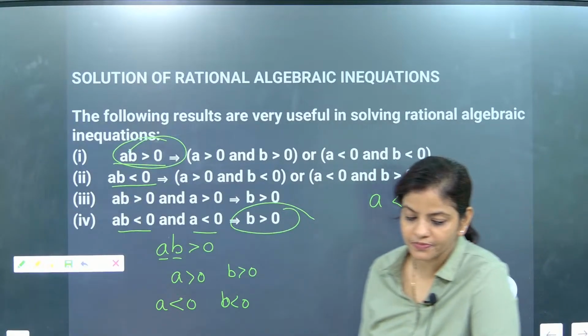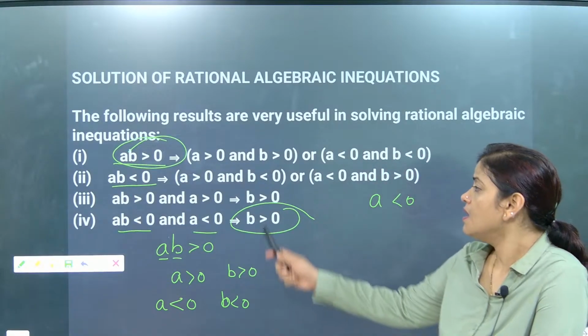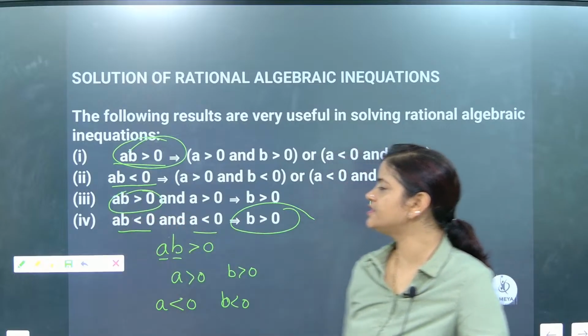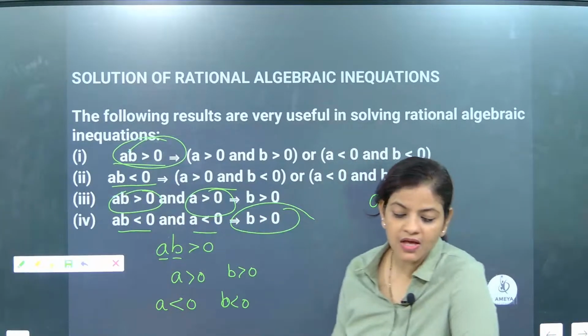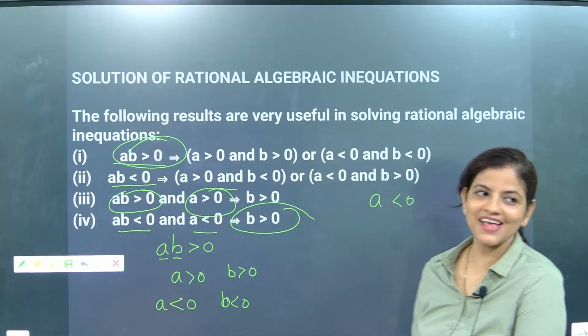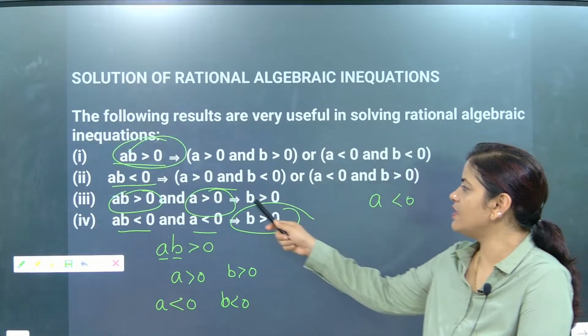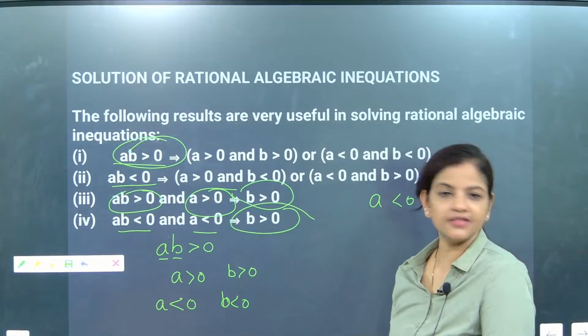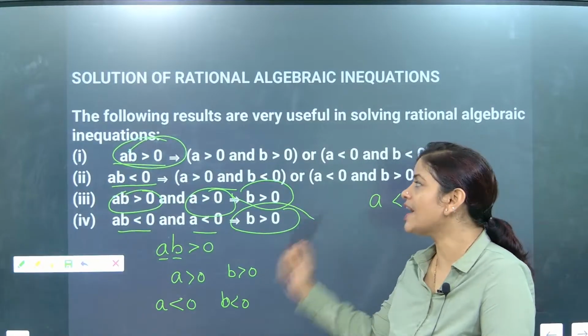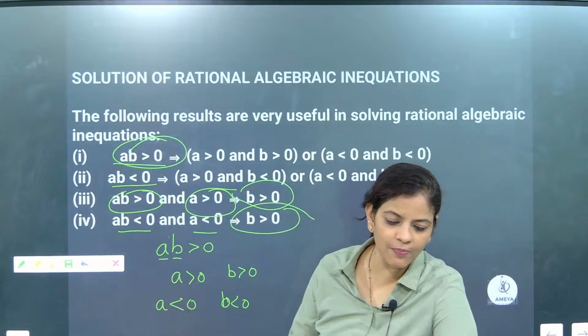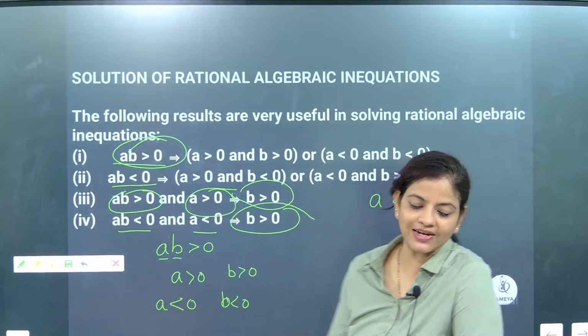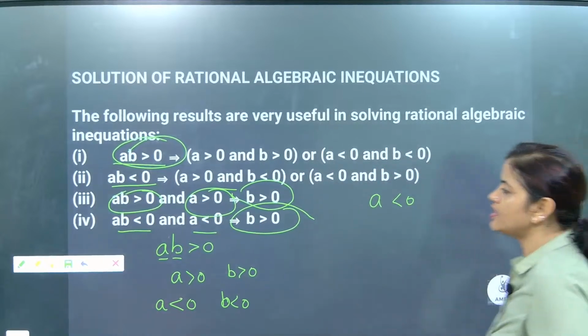Now here AB greater than 0, that means if A is greater than 0, then B will also be greater than 0. Understood. So here both have to be greater than 0. And if one is less than 0, one will be positive and one will become negative. That's it, another point. Now let's go for the next one, please.